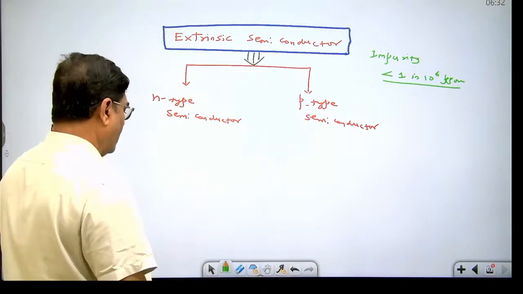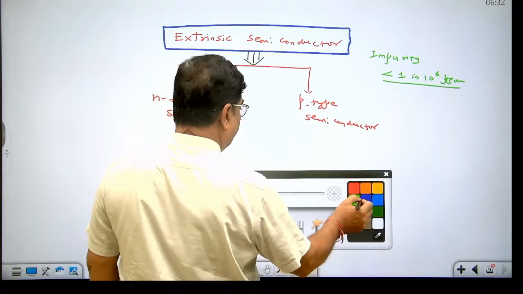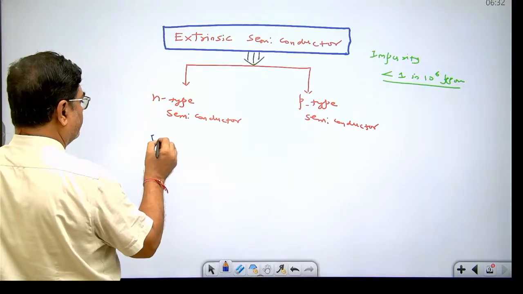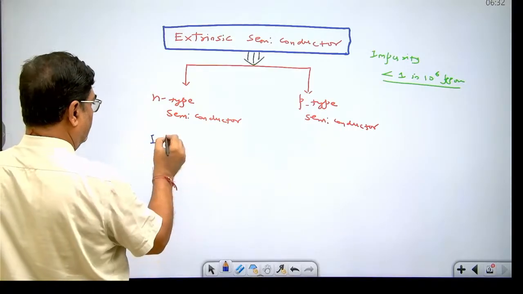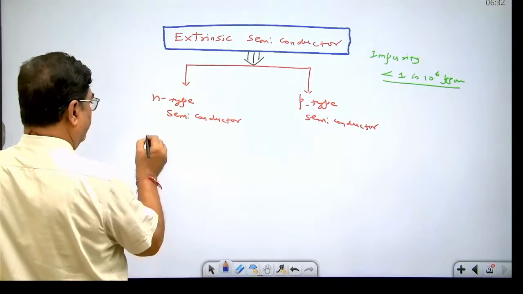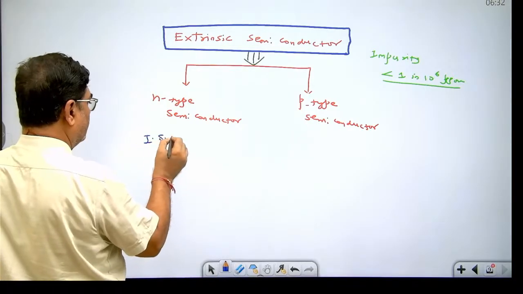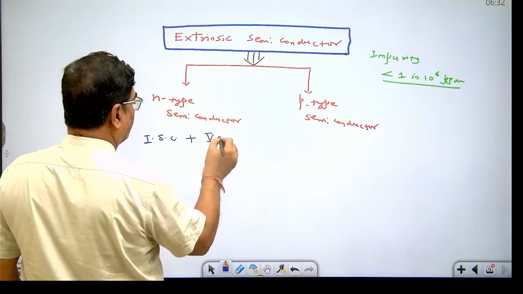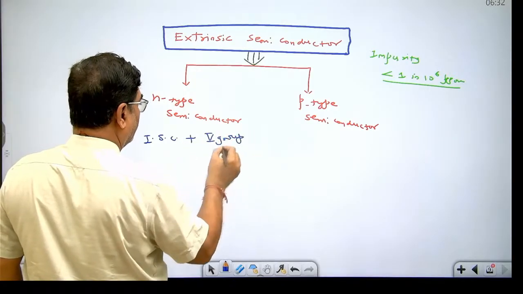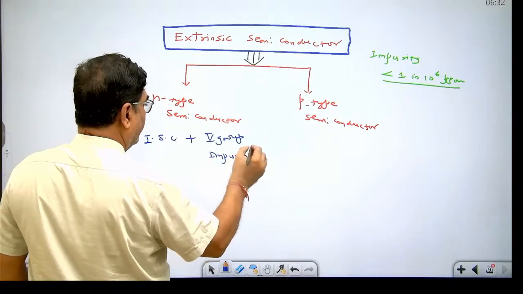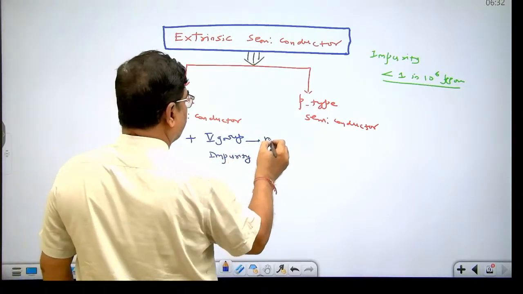Okay. So how is the extrinsic semiconductor formed? When in intrinsic semiconductor crystal, pentavalent impurity, fifth group impurity, is mixed, then N-type semiconductor is formed.